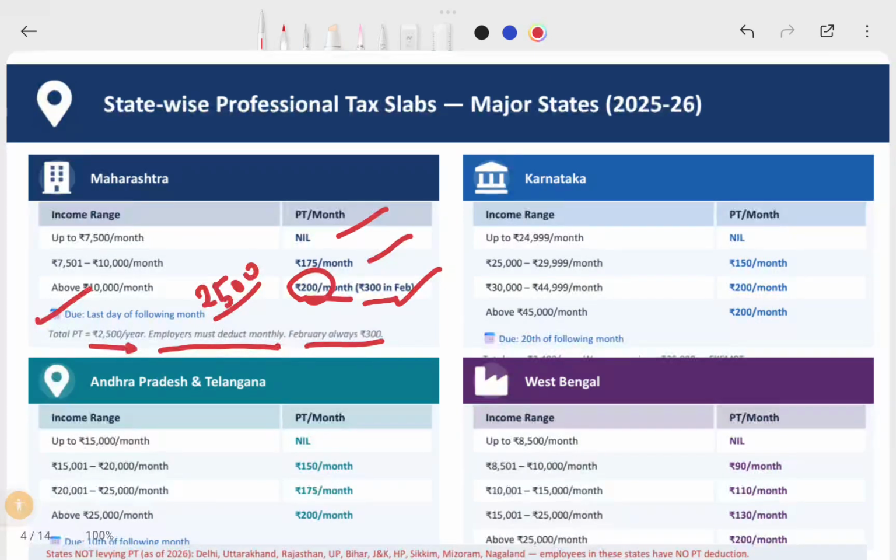In Karnataka, similar features are there, but up to 25,000 is nil. More than 25,000 to 30,000 is 150, and above that 200 per month, and the due date is the 20th of the next month.